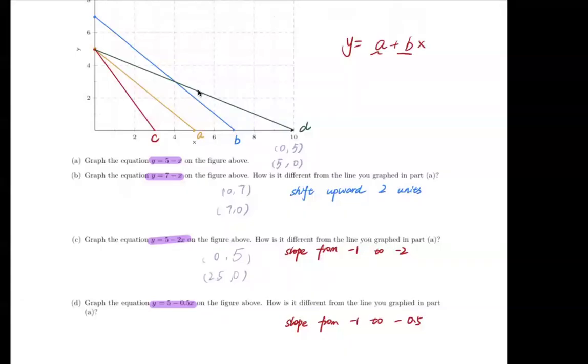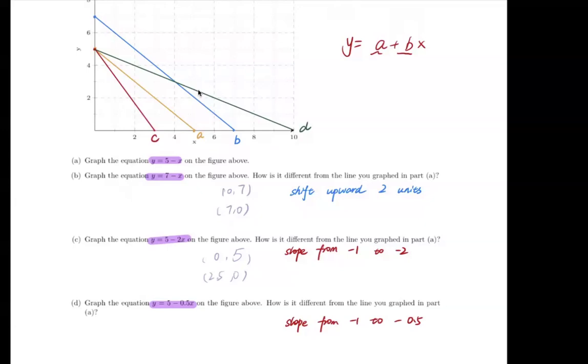And then how to determine this line? To determine a linear regression, you only need 2 points, any 2 points. After getting these 2 points and connecting them, you will have this line, okay? So firstly, question A, graph the equation y equals 5 subtract x. Let's pick 2 easier points among the infinite points.